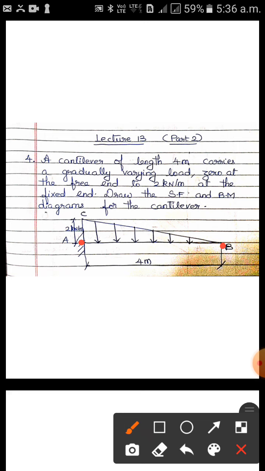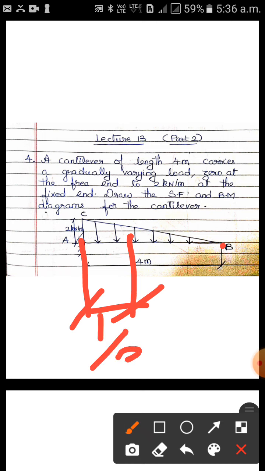What is the distance? This is a triangle. Do you remember? The centroid of a triangle lies at 1/3 of the distance. What is the distance? 4. So 4 by 3. A UDL is like a rectangle, so the centroid is at the center. This is a triangle; you are studying engineering mechanics, so you remember the centroid is length by 3. Here it is 4 by 3 from the straight edge. So what is the bending moment?